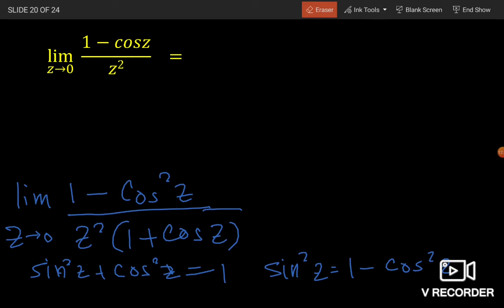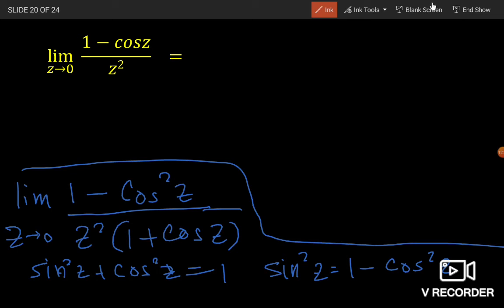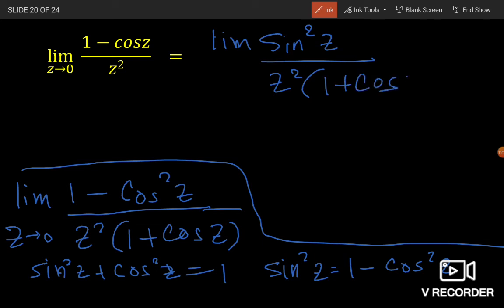So now, what we can do, let's rewrite this function. We can rewrite it as the limit of 1 minus cosine squared z, which is equal to sine squared z, so sine squared z over z squared multiplied by 1 plus cosine of z as z approaches 0.